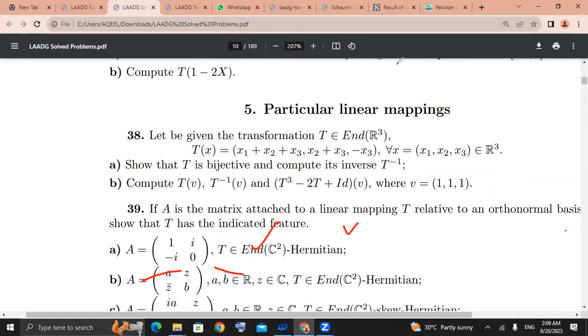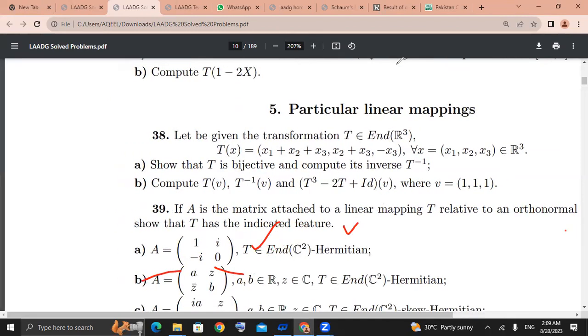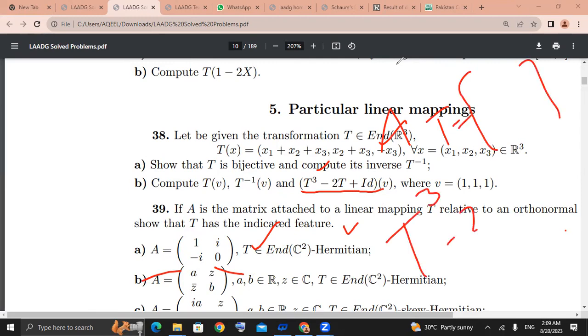In a similar way, you have to find this expression, which is T squared minus 2T plus Id. So you have to know the values of T by the matrix. You have obtained the matrix T. You take T cubed, then you obtain minus 2T, then plus I, where I means the identity matrix 1 0 0, 0 1 0, and then operate this operation.